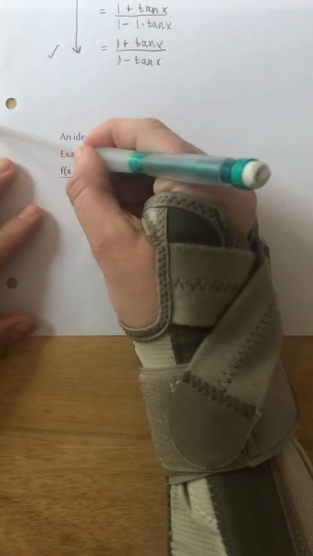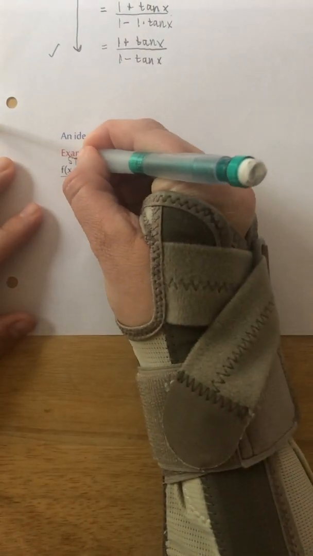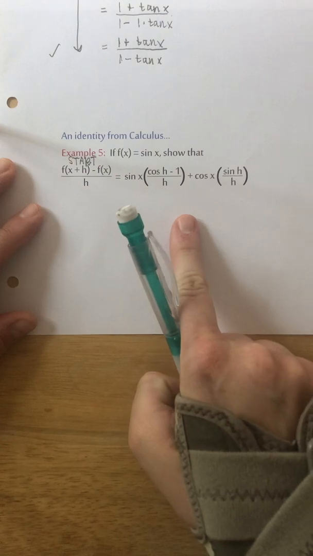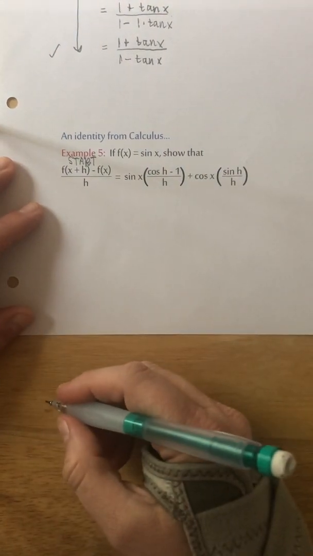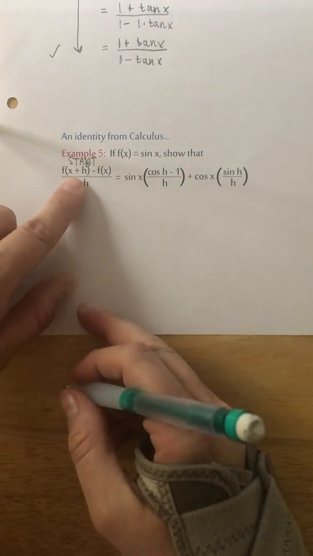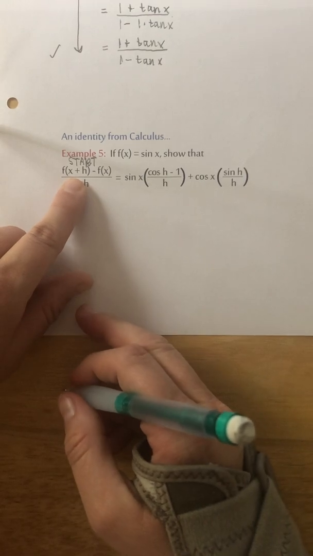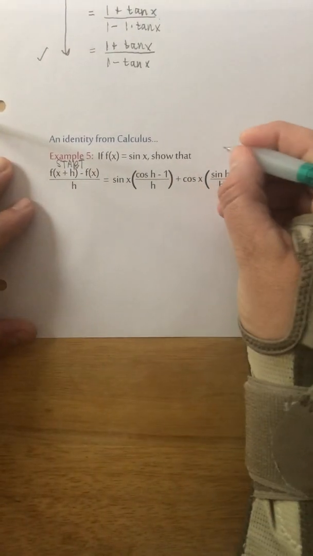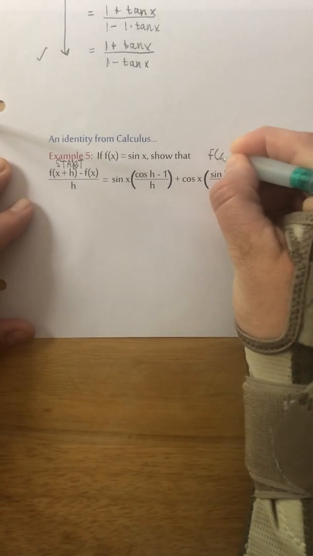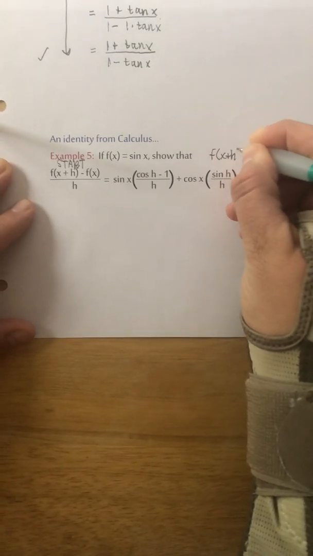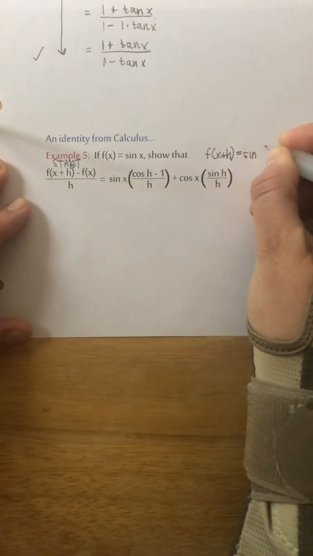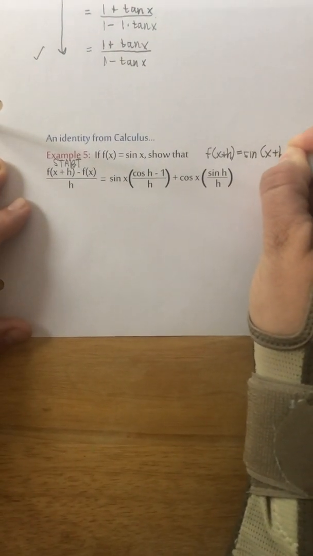So we're going to be starting over here, and we're going to see if what we get over here equals what we have over here. So let's talk about f of x plus h. What does that mean? Well, you know that f of x is sine x. So f of x plus h means we're going to have sine of x plus h.